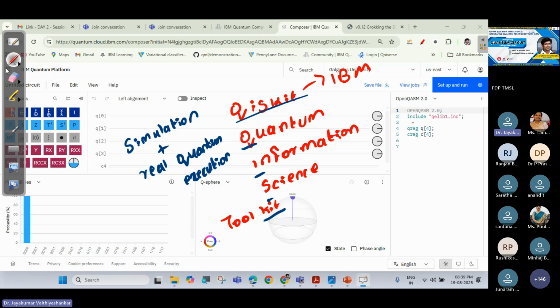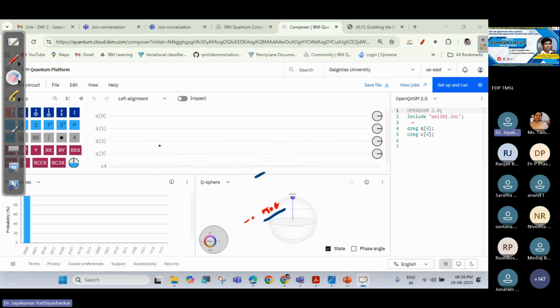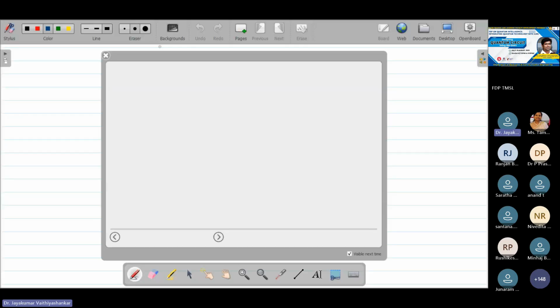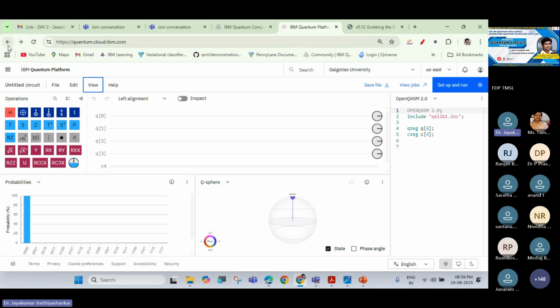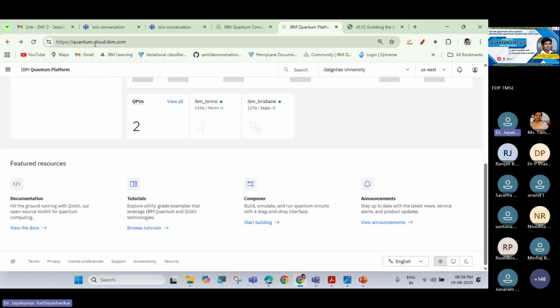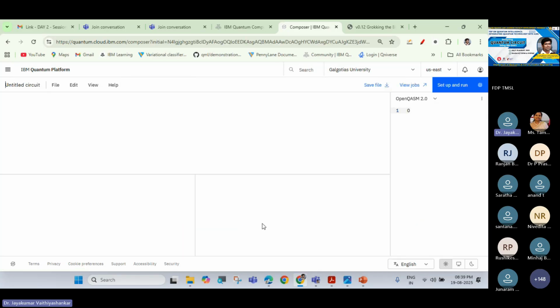This is called the composer. So how to reach the composer? Go to your login. Downside you can see the composer link. Click start building.